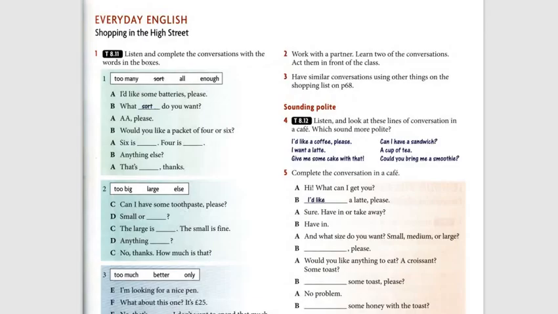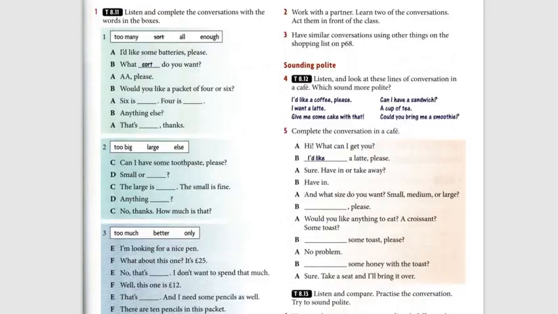Tape script 8.11. Shopping in the high street. 1. I'd like some batteries, please. What sort do you want? AA, please. Would you like a packet of 4 or 6? 6 is too many. 4 is enough. Anything else? That's all, thanks. 2. Can I have some toothpaste, please? Small or large? Well, the large is too big.